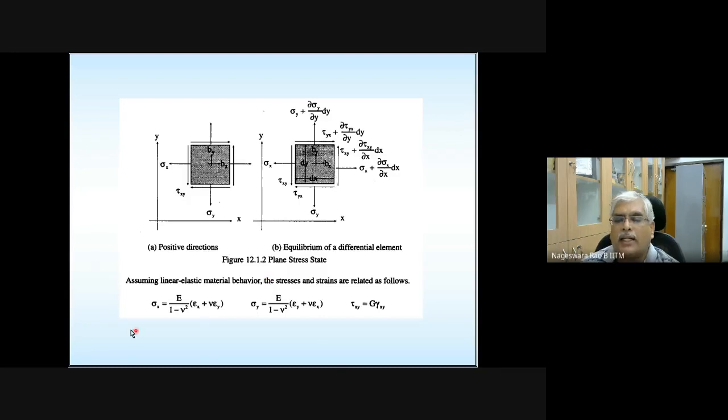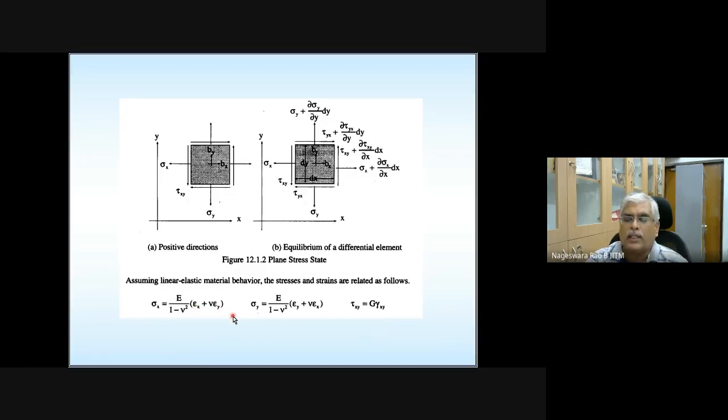Under that condition, these are the relations connecting stresses with strains. Please take a note of it. We know how strains are connected to displacements, so we can express these relations in terms of displacements by substituting strain in terms of displacement.